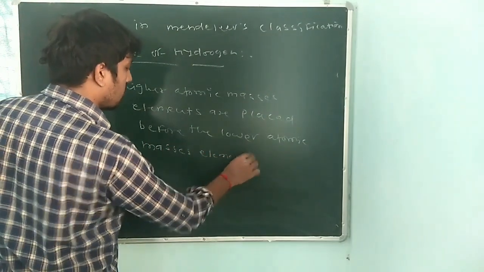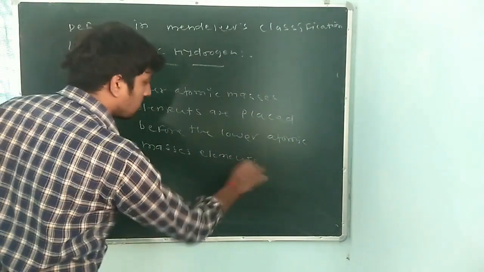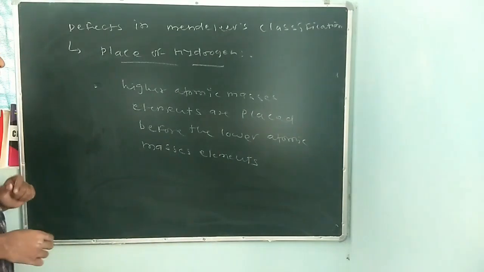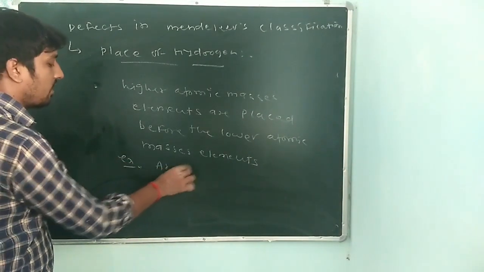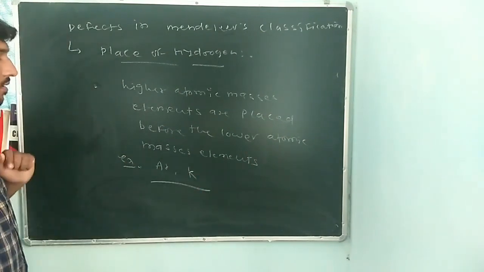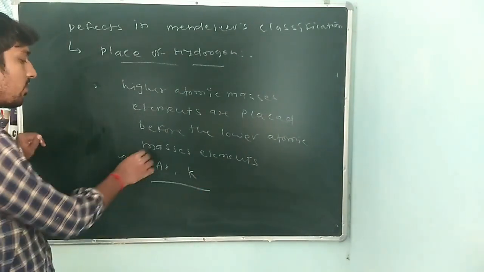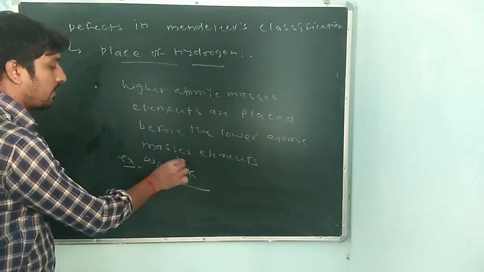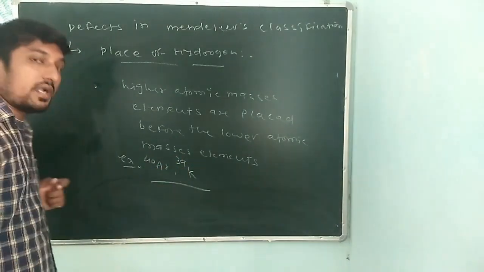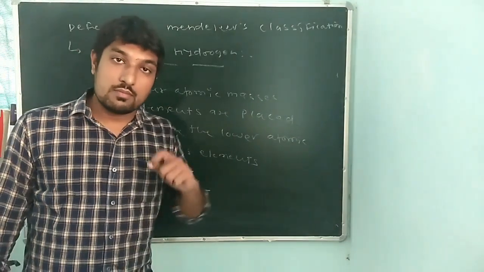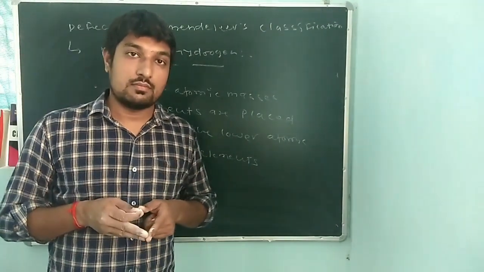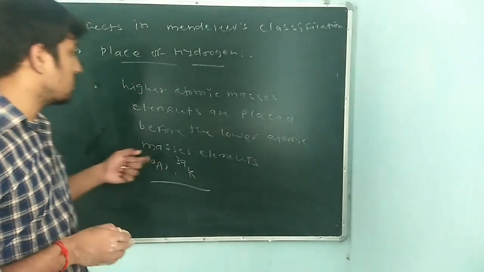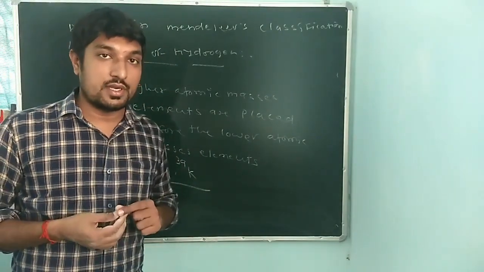This is also a defect in Mendeleev's classification. Example, argon and potassium. Argon has an atomic mass of 40 and potassium has 39, but in the periodic table argon comes before potassium. So this is the second defect.